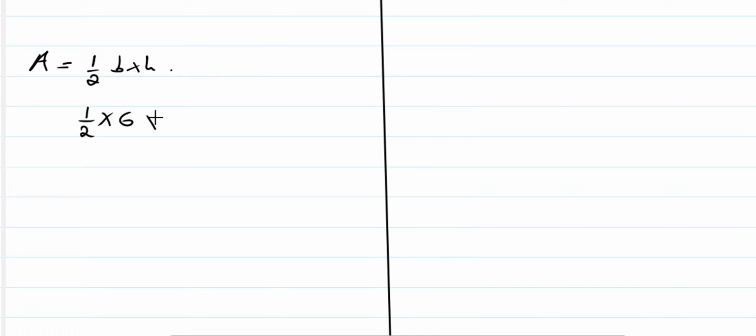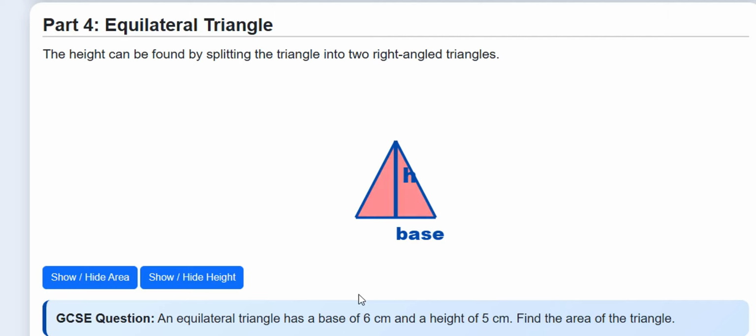So 1 by 2, 1 by 2, 3. So 3 multiplied by 5 is 15 centimeter squared. The reason I put centimeter squared is because the units are centimeters in centimeters. So we learned the logic at the start of the lesson.